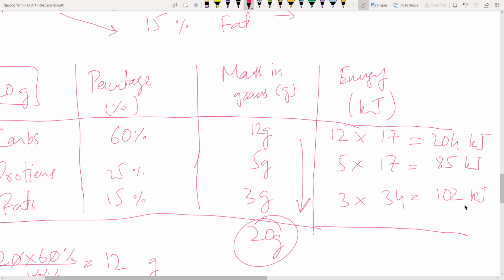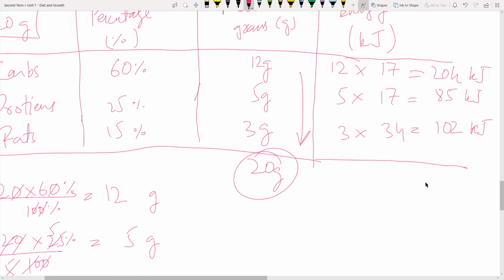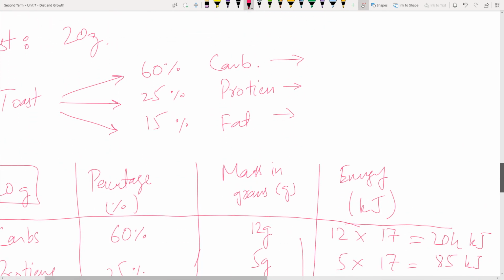So I can simply sum them up and get the value. So it comes out to be 391 kilojoules. That is the amount of energy that this 20 gram of toast is going to give me.